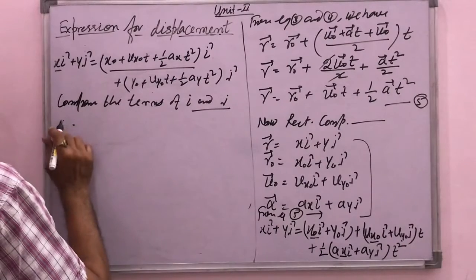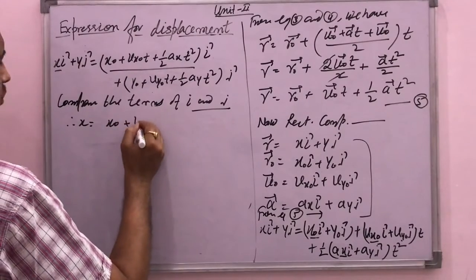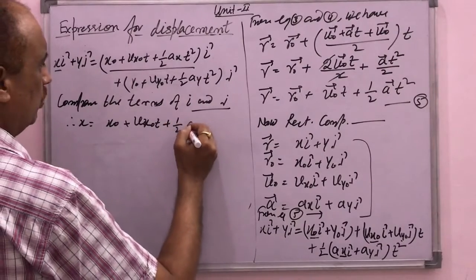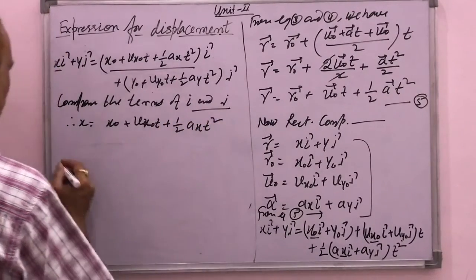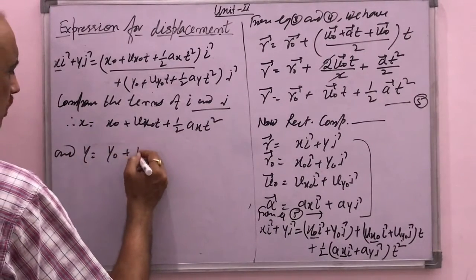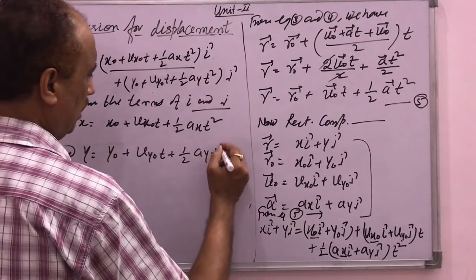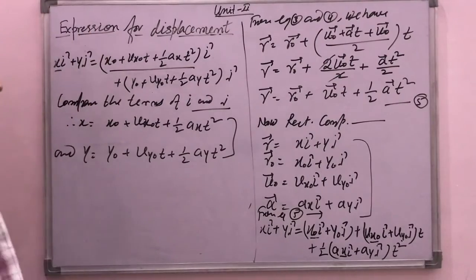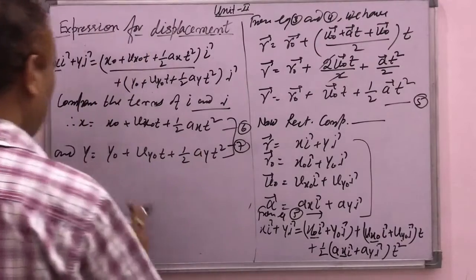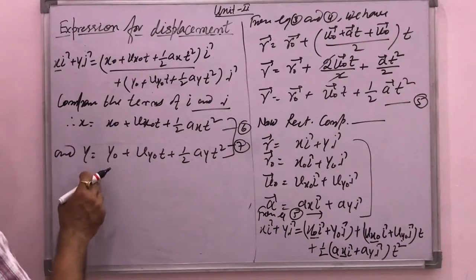Therefore x will be equal to x naught plus v x naught t plus 1 by 2 a x t square, and y equal to y naught plus v y naught t plus 1 by 2 a y t square. So these are the two equations, equation number 6 and equation number 7. These are the two equations of displacement along the x-axis and along the y-axis.